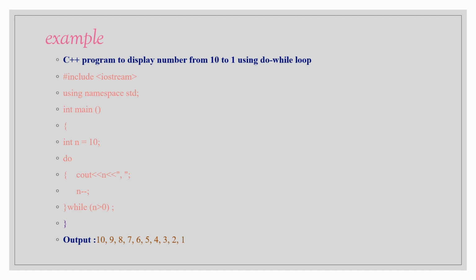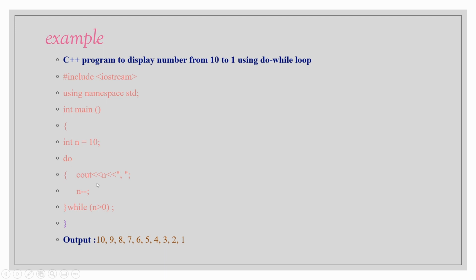Alright, so to display numbers from 10 to 1, I have declared a variable n and initialized it to the value 10. Then as per the syntax we have do and then curly braces. Inside the curly braces we have the set of statements, and after the closing curly brace we have while, right?